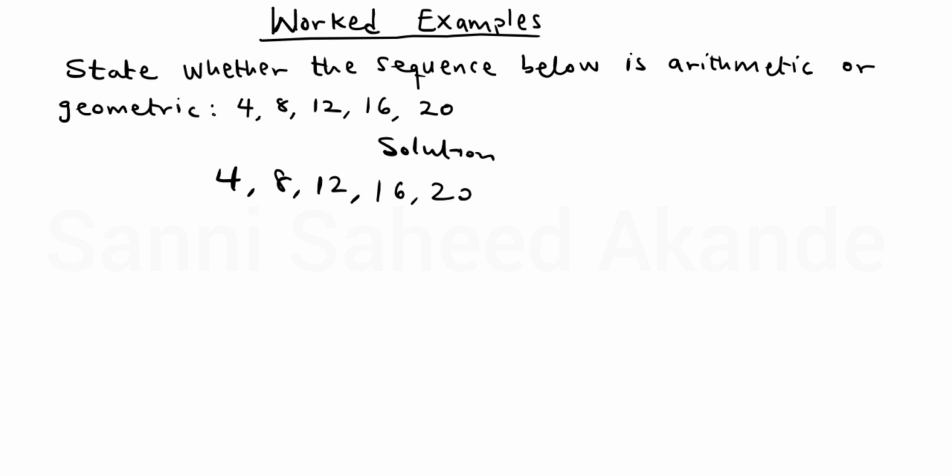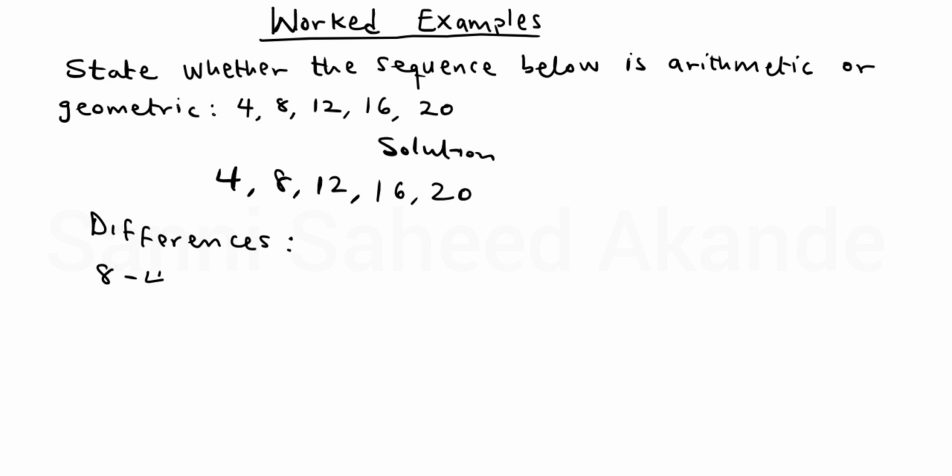Now, for us to know whether this is arithmetic or geometric, let's first of all see if it is an arithmetic progression. I'm going to do that by finding the common difference of this particular sequence. So the differences, let me write differences. Then I will take the second term, which is 8 minus 4. That is how to find the differences.